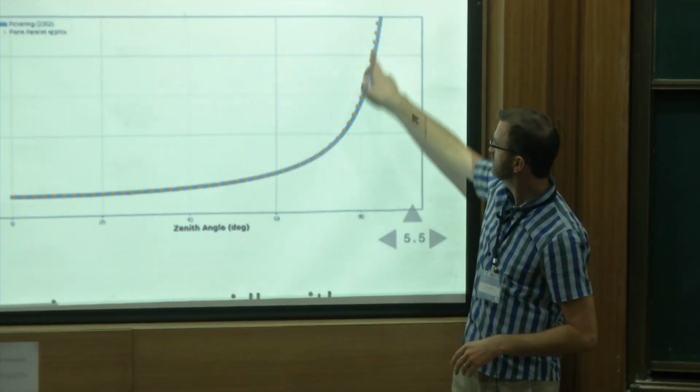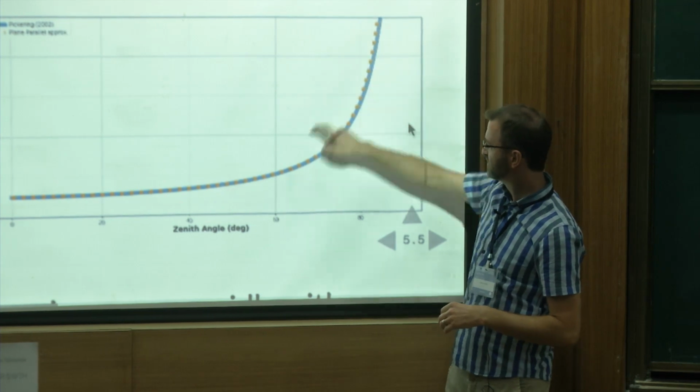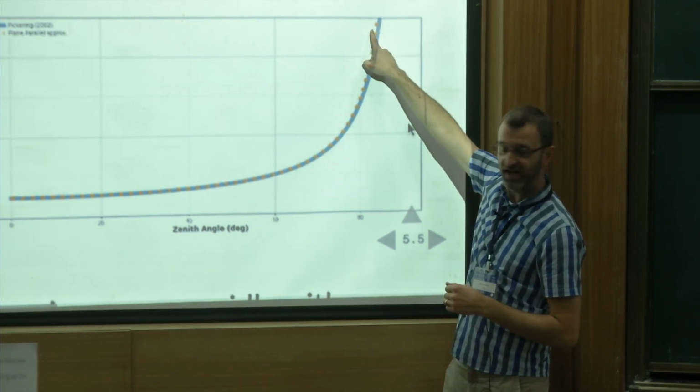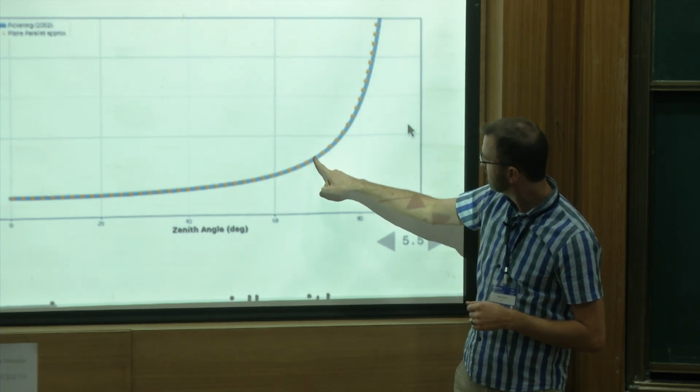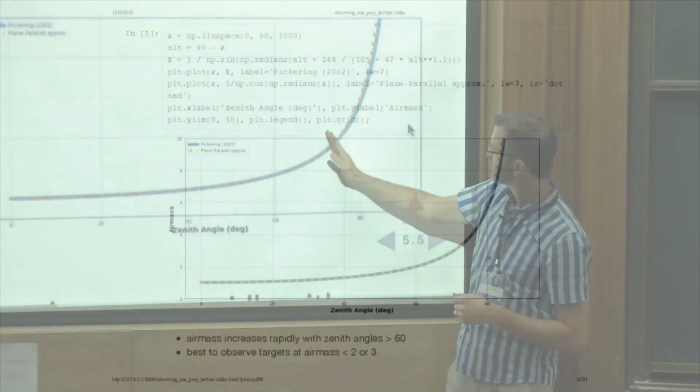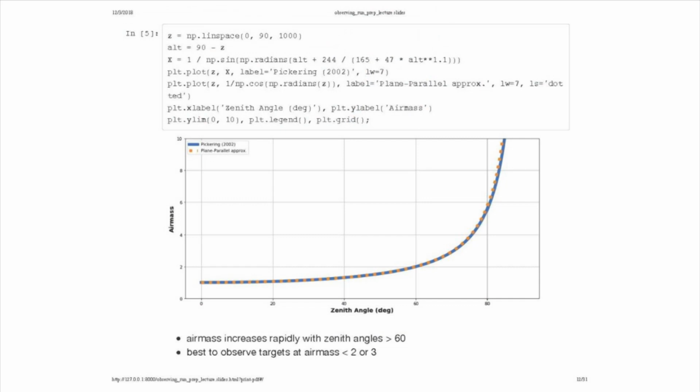And then this happens, right? It really takes off pretty fast after that. So you can go from air mass of 2 to air mass of 3 about here, and after that, you're really starting to look through a lot of air. Of course, if you're in the plane parallel approximation, that goes to infinity, but fortunately the Earth is curved, so it just goes off to a pretty high number, around 40 or so.